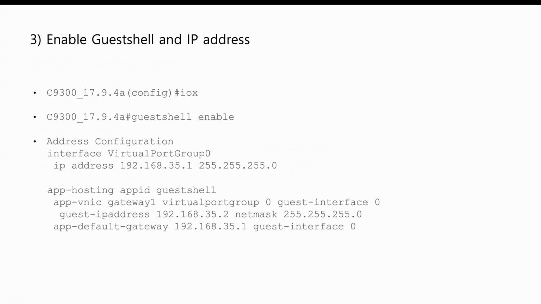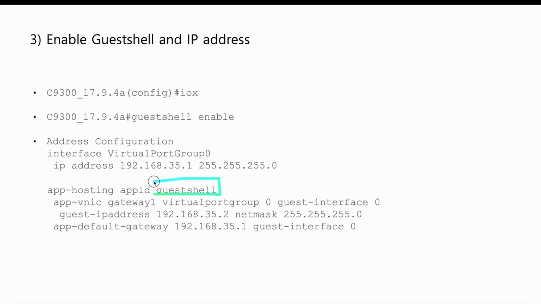To enable guestshell, oh sorry, this should be the first page. First you have to enable the guestshell with the iox command, and then do this one. This is the interface for the guestshell.